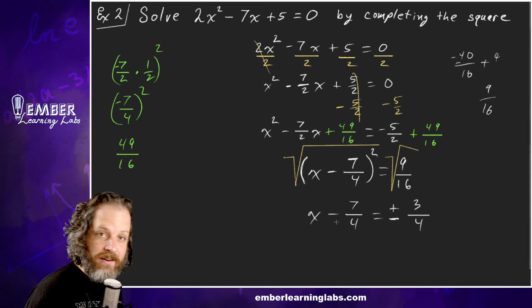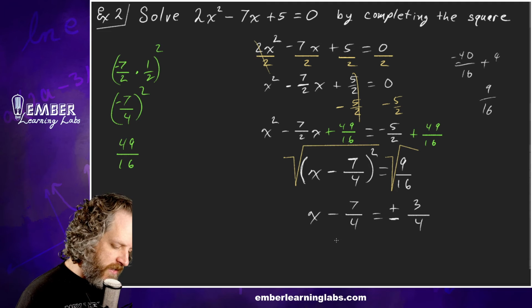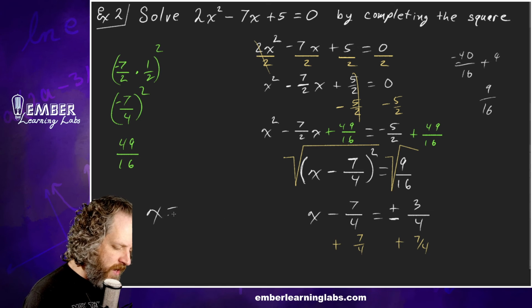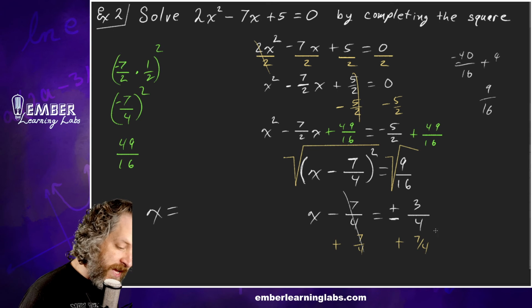Right? So then we got to add 7/4 to both sides, so plus 7/4 plus 7/4. So x is going to equal, this cancels, positive would be 10/4.